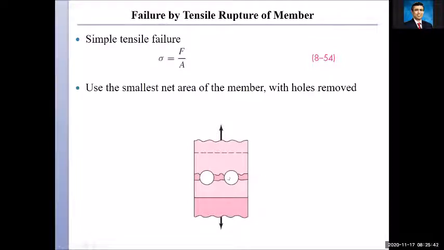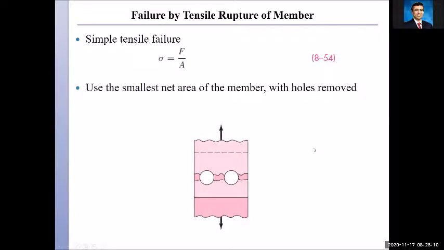This is very similar to what we did in solid mechanics when we find the net area. So we find the width of the member, subtract the diameters of the bolts and multiply by the thickness of the member. So we use the smallest net area of the member with holes removed. Okay, so this is the third type of failure, which is tensile rupture of the member.